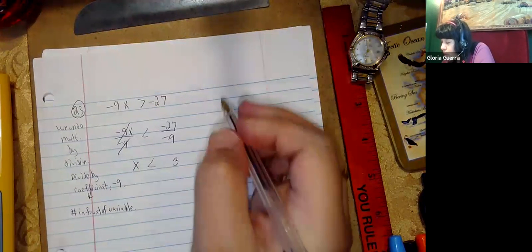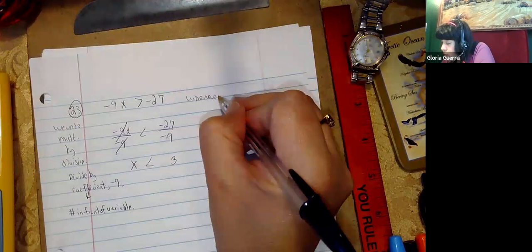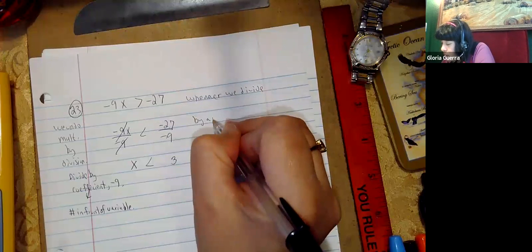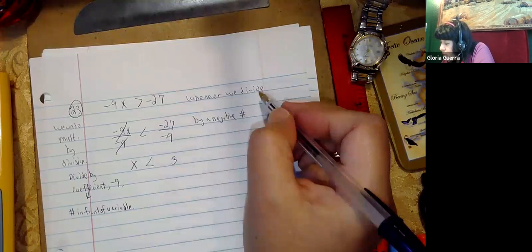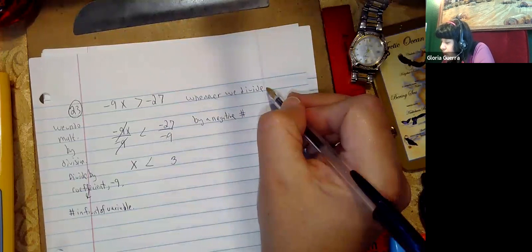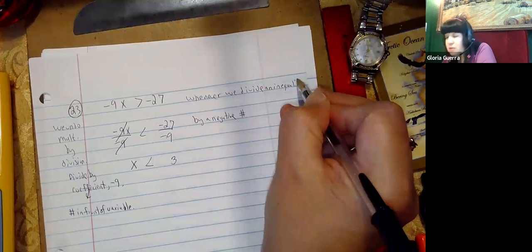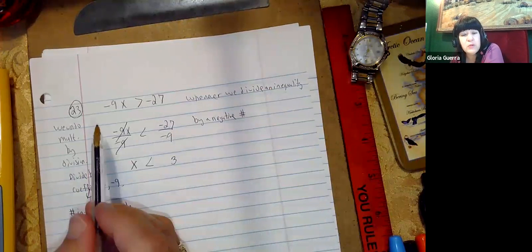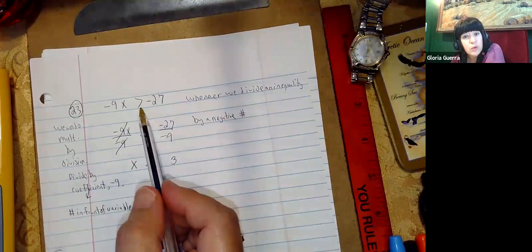Whenever we divide an inequality, because that doesn't happen when you have an equal statement. That only happens because an equal statement is still equal. It happens when you have an inequality.